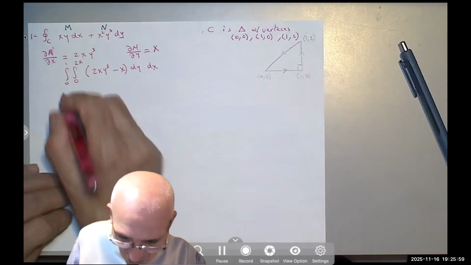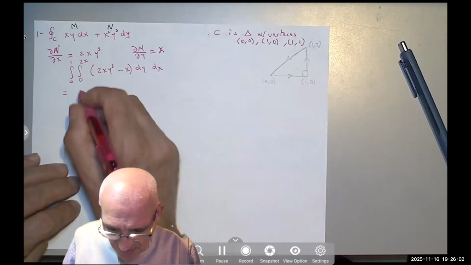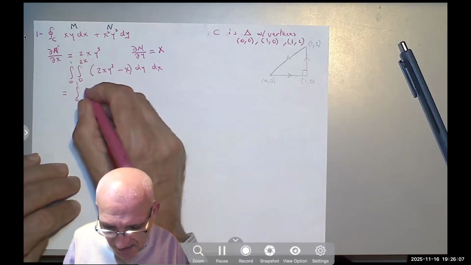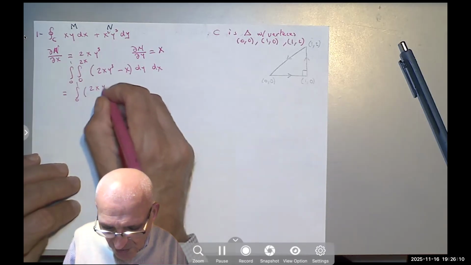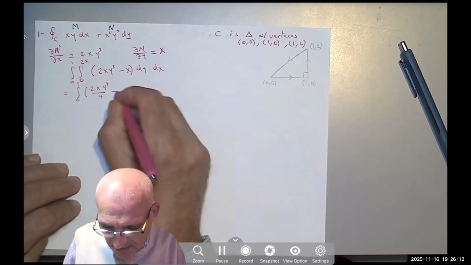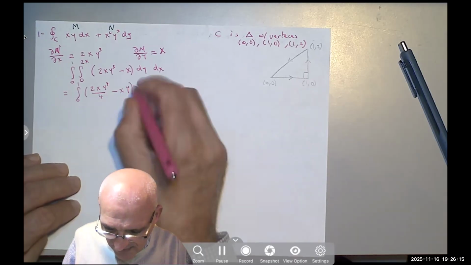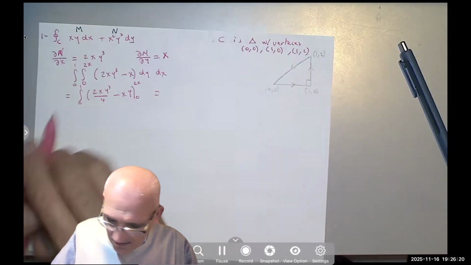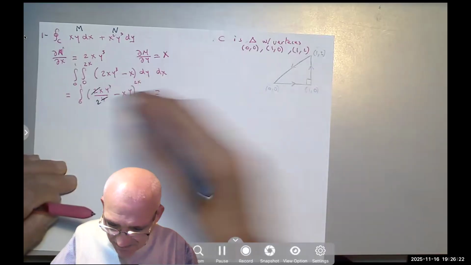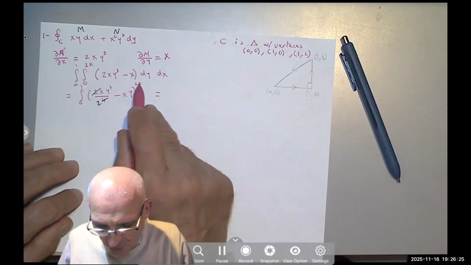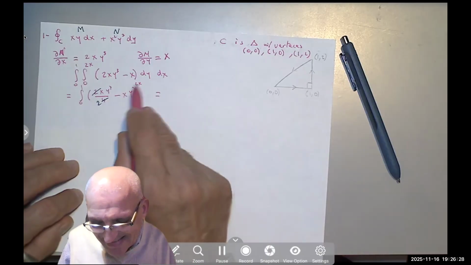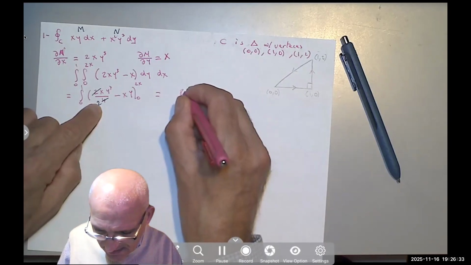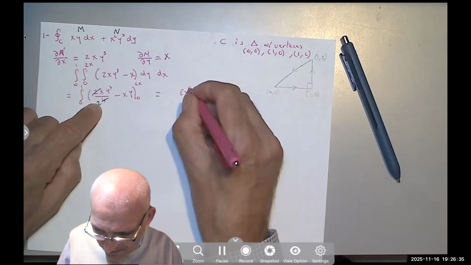So if we take the integral with respect to y, I will get the integral from 0 to 1. And then when you integrate that with respect to y, you get 2x y to the 4 over 4 minus xy, and they are evaluated from 0 to 2x. The 2 and the 4 would make that 2. And then if the y is 2x, this would be 16x to the 4th divided by 2 would be 8x to the 5th, right?